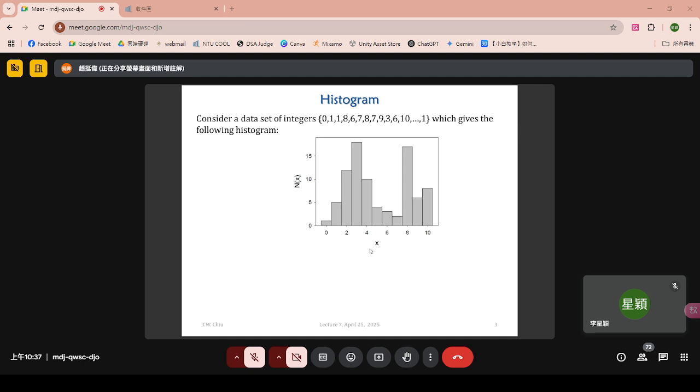And for some data sets, for example the real numbers, then you have to bin all the values into the same box. So it depends on what the bin size is, and then you get a different distribution.